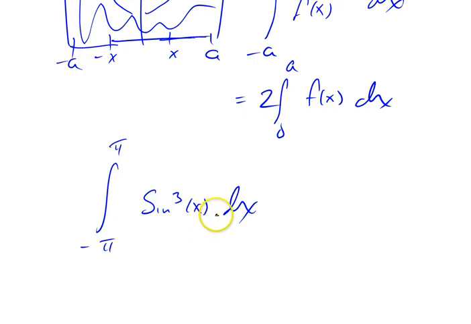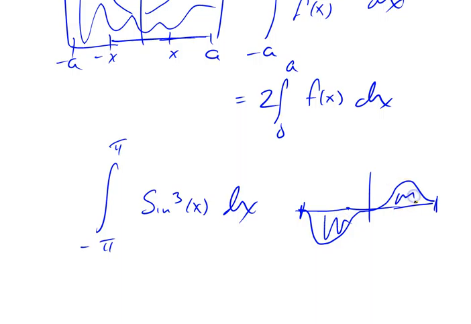If I had a cosine x to go with it, I could do a u substitution, but the graph of that thing looks something like this. There's minus pi, that's 0 to pi, and it looks like this. So for minus pi to pi, you've got this negative stuff and this positive stuff, and it all cancels out, and that's 0.